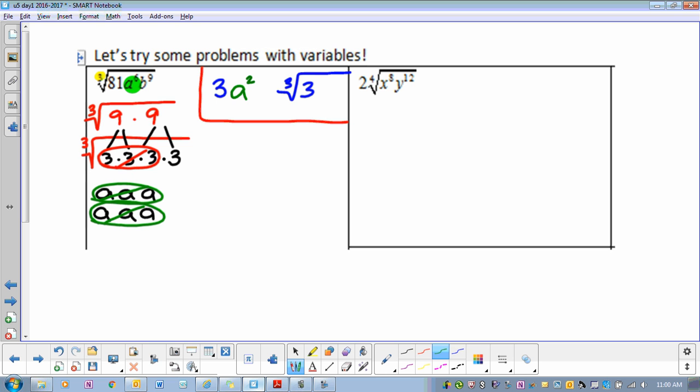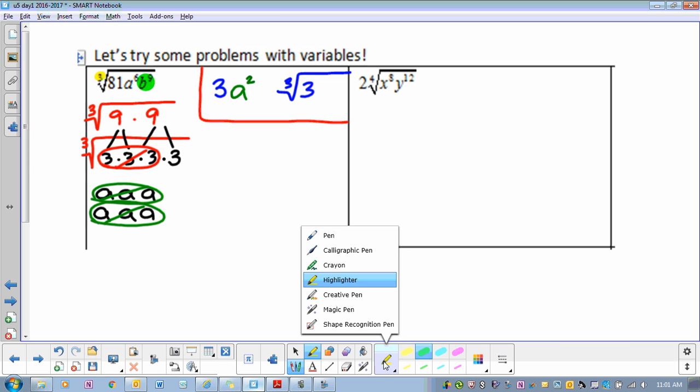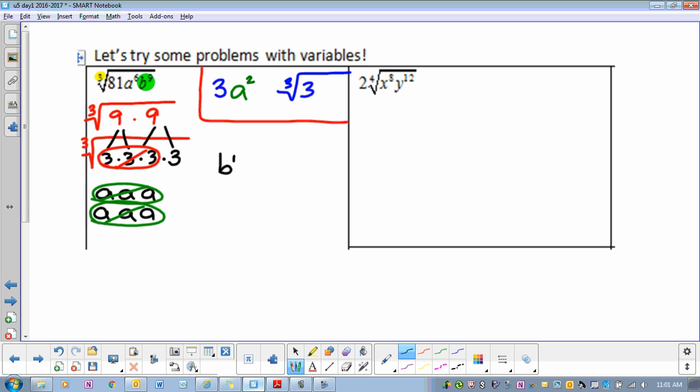So let's look at the B's. How many B's do I have? 9. So I have 1, 2, 3, 4, 5, 6, 7, 8, 9. And you can see here, right? We have groups of 3s. How many? 3 groups of 3s, right? So that means 1, 2, and 3 come out.